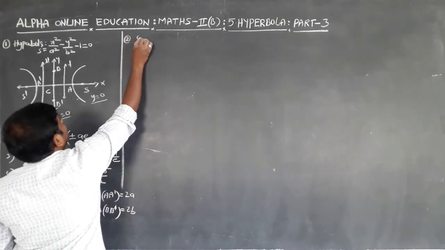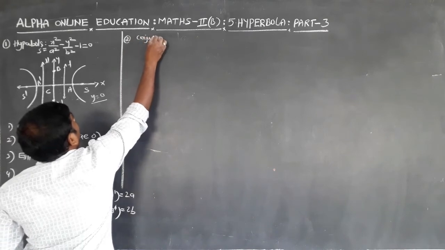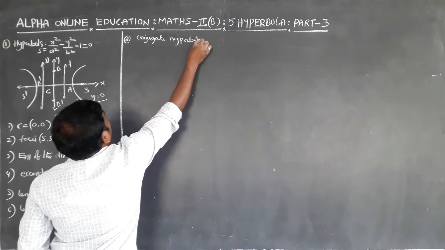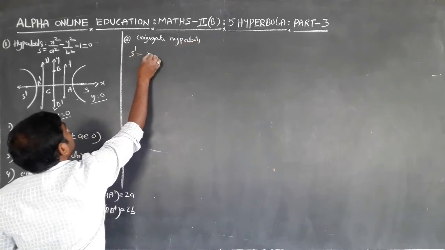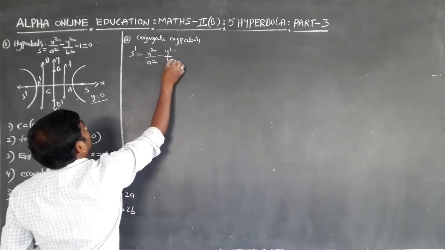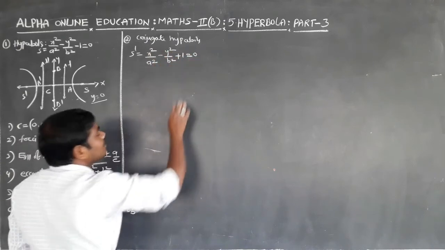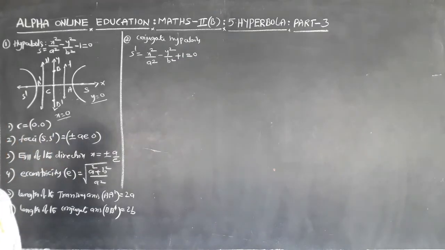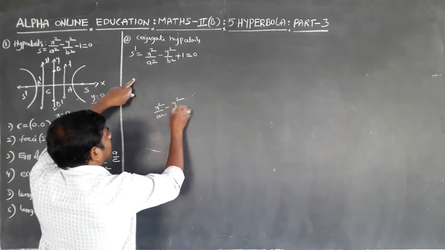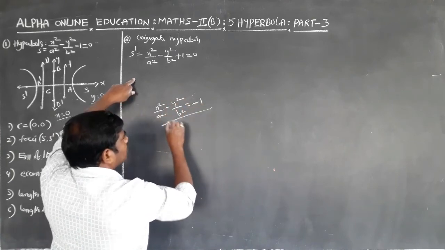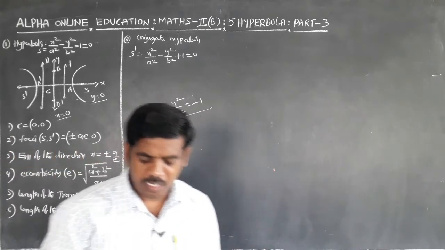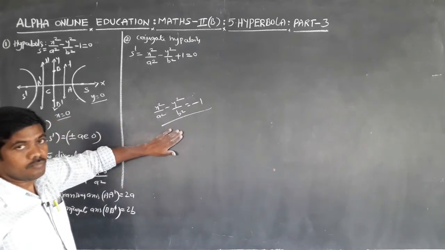Second one is the conjugate hyperbola. Conjugate hyperbola means S dash equal to x square by a square minus y square by b square plus 1 equal to 0, or x square by a square minus y square by b square equal to minus 1, is the equation of the conjugate hyperbola.